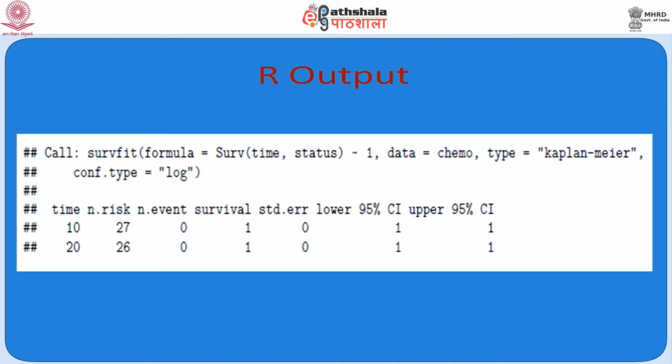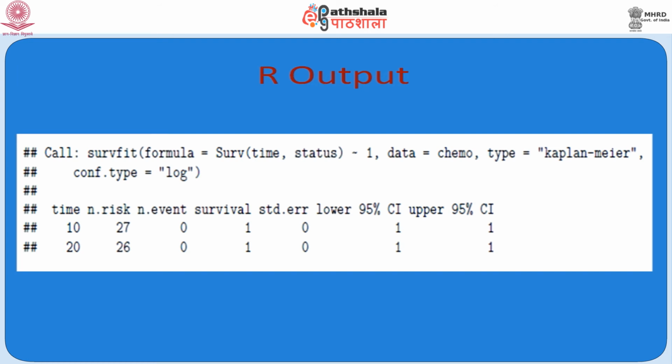So since no survival change occurs over this period, we are getting the lower 95% confidence interval as 1, the upper 95% confidence interval as 1, and also the survival probability as 1.